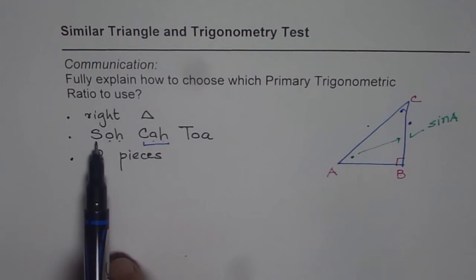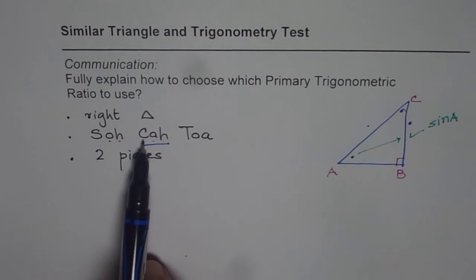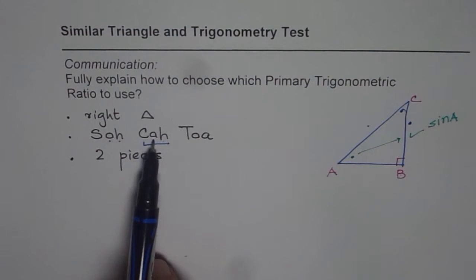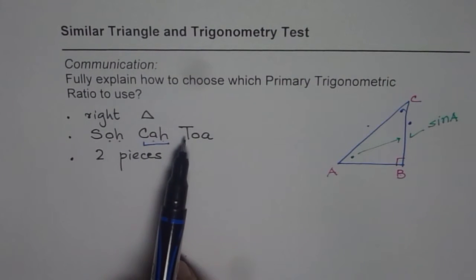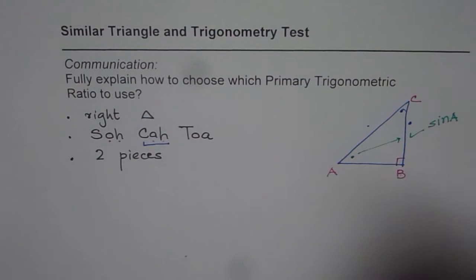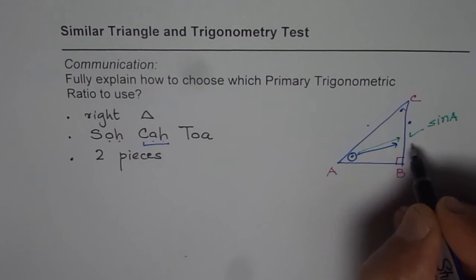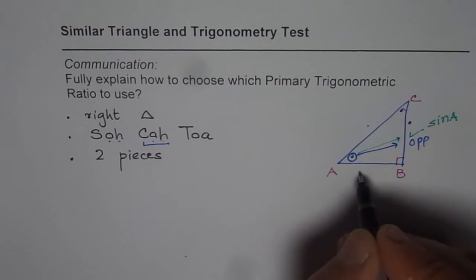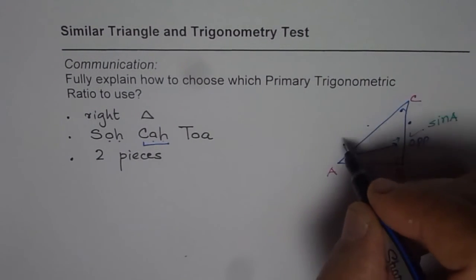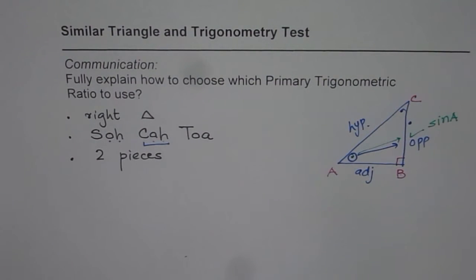We can use sine if we have information about the opposite side and hypotenuse, cosine if we know the adjacent and hypotenuse, and tan when we know the opposite and adjacent. When I say opposite, if you are looking from this angle, then that side is opposite. Do you understand? And this side is adjacent, and that is our hypotenuse, which is opposite to 90 degrees. I hope that helps to understand how to explain this part.